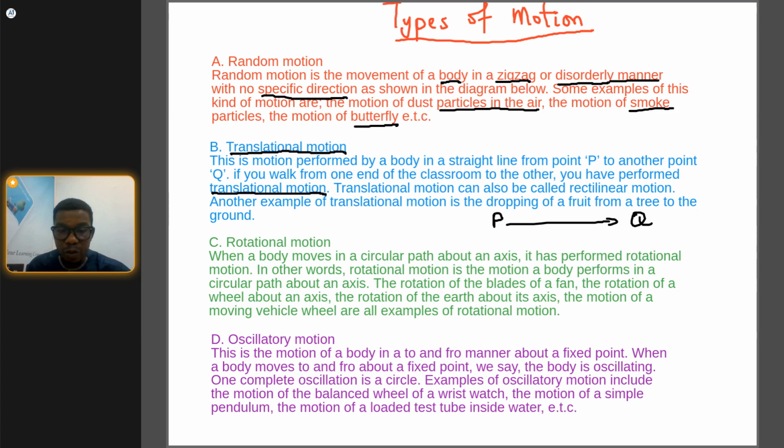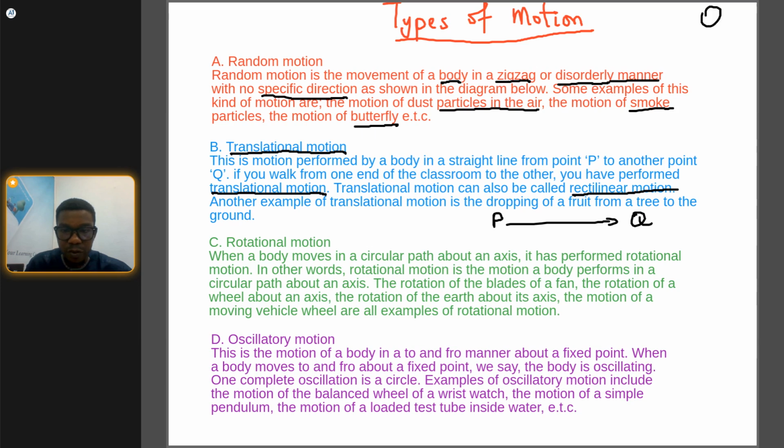Okay, so let's take note that translational motion is also called rectilinear motion. Another example of translational motion is the dropping of a fruit from a tree to the ground.